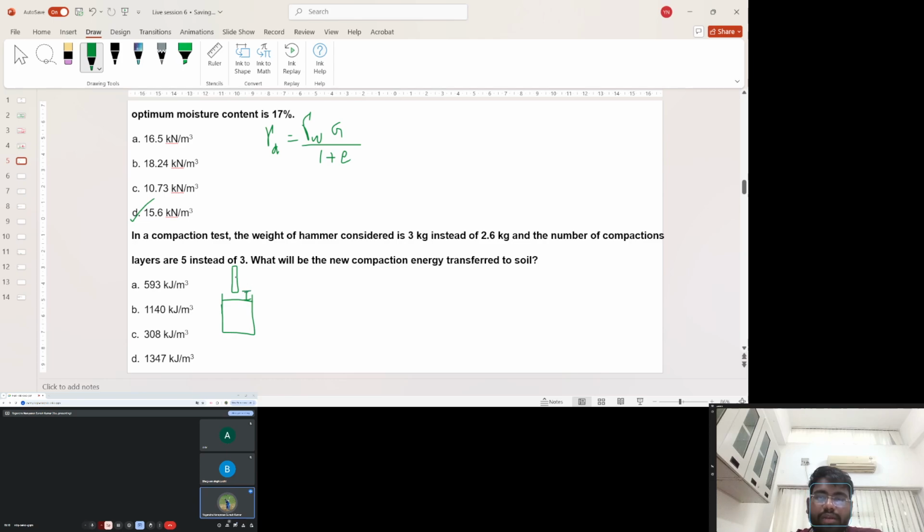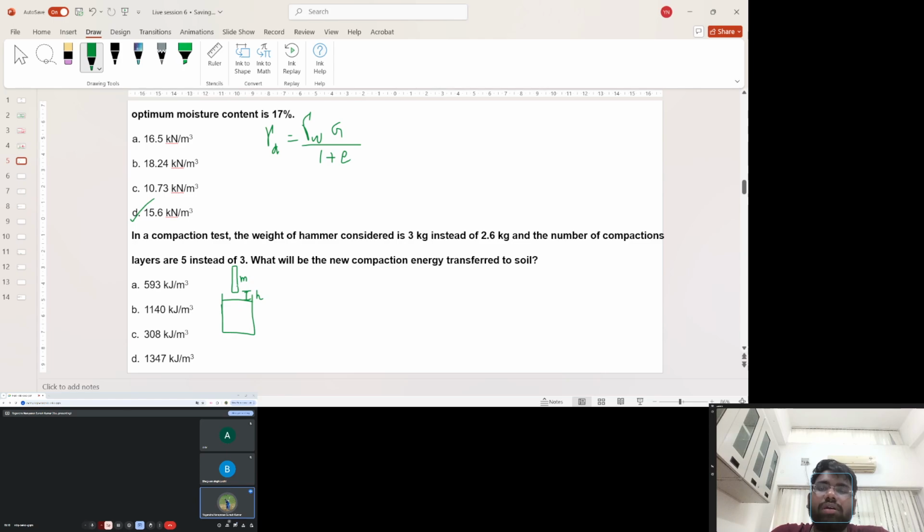It has a mass, which is now 3 kg. Let it be m, and this is h.